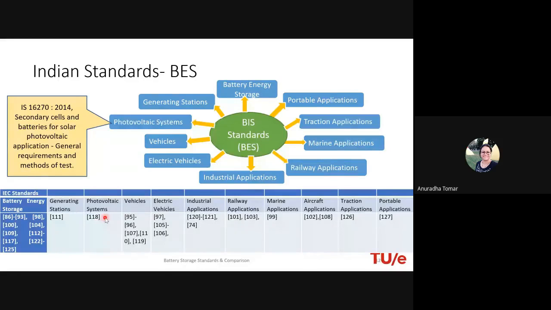Another is for the photovoltaic system. Again, it comes as a surprise that we have only one standard here. I've intentionally mentioned the name of the standard, which is basically related to general requirements and methods of test. That's it. So it doesn't talk about on-grid application, off-grid application or the hybrid application, on which generally we are working nowadays.